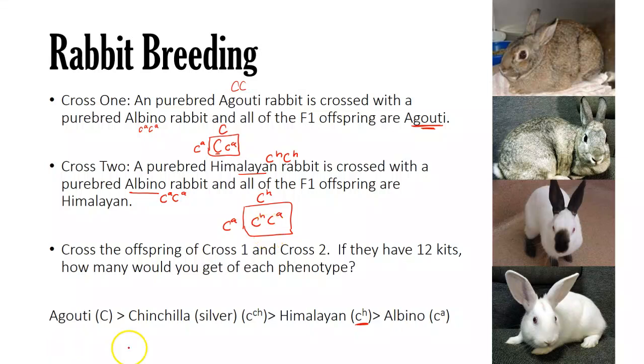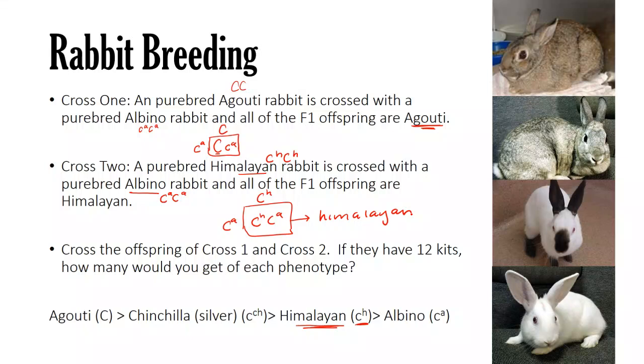In this case, I have a spectrum of dominance: the Himalayan allele is more dominant than the albino. The genotype of my kits would be little c^h, little c^a, and they would all express Himalayan.